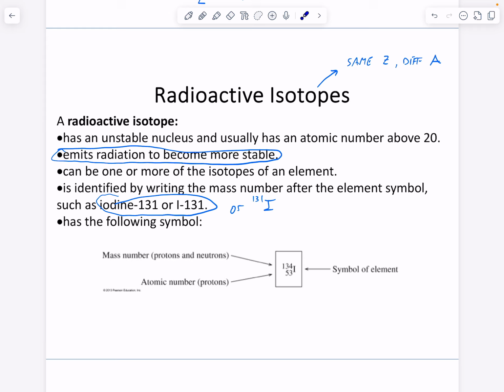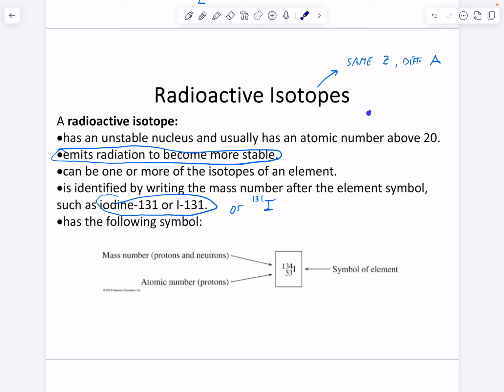Now I want you to remember that the mass number is not the decimals in the periodic table. That's atomic mass. This is mass number. Mass number is given by protons plus neutrons.